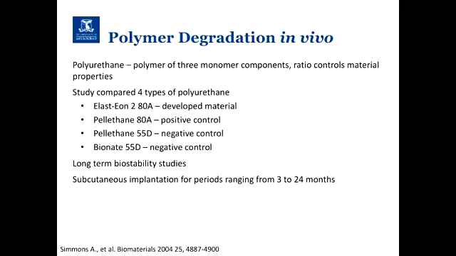It is made up of 3 different monomer components that you then polymerize together to make the actual polyurethane chain. Depending on what those 3 different monomer components are and the ratio of them, you can change the properties of the polyurethane dramatically.